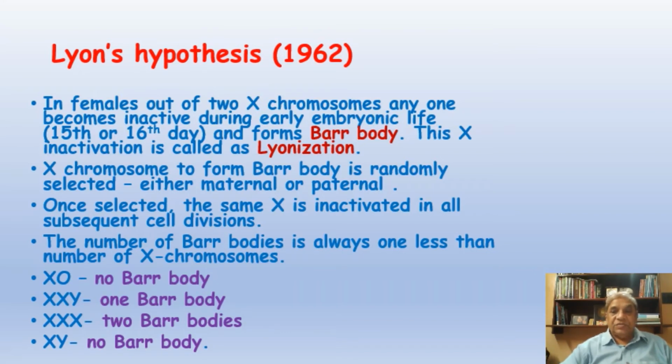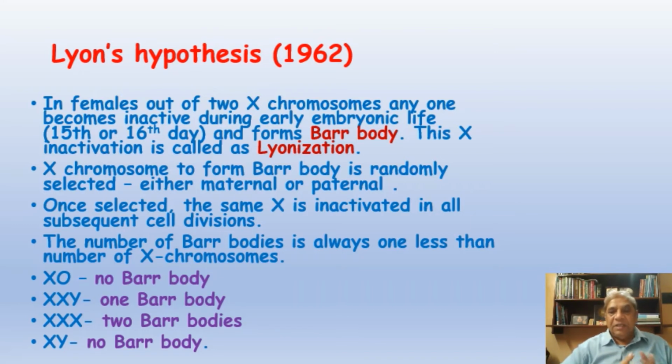But this is very important, what was discovered: once a selection is made as to which X chromosome will become inactive, whether from the mother or from the father, in one particular cell, then afterward all the daughter cells will have that same X chromosome inactive.